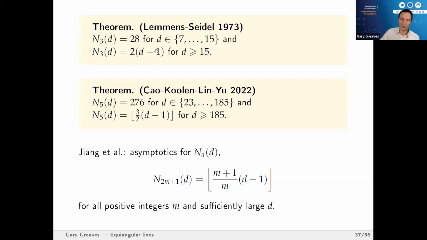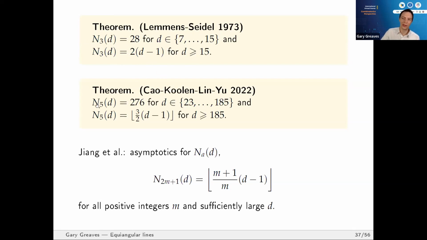We know that this is rubbish because we have a quadratic lower bound. So Lemmens and Seidel essentially say, if you want to find a good construction with angle 1/3, you probably want to look at dimension at most 15. Otherwise, if d is at least 15, then you're not going to get good constructions.